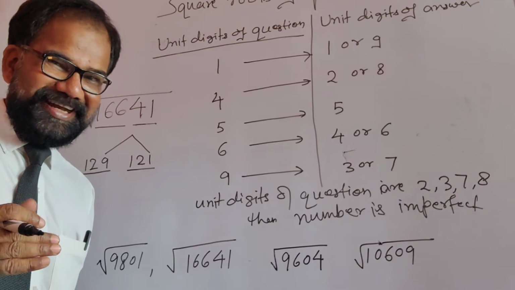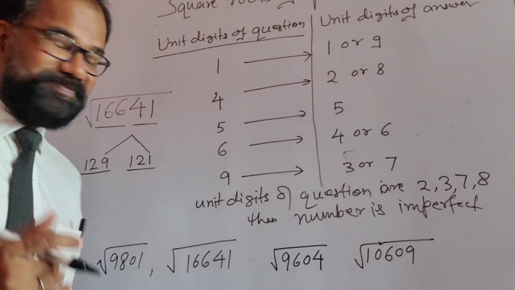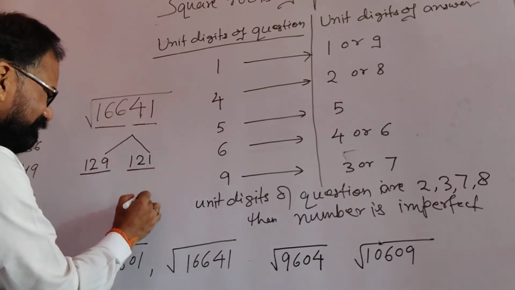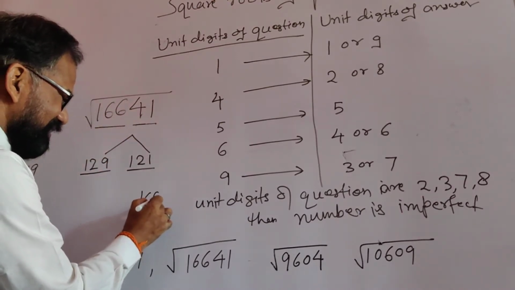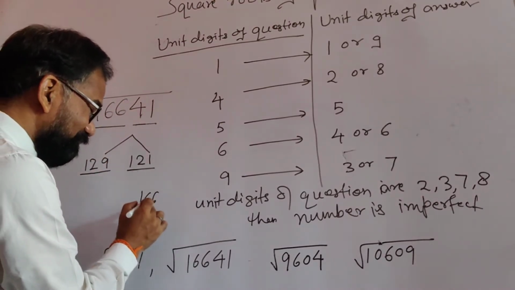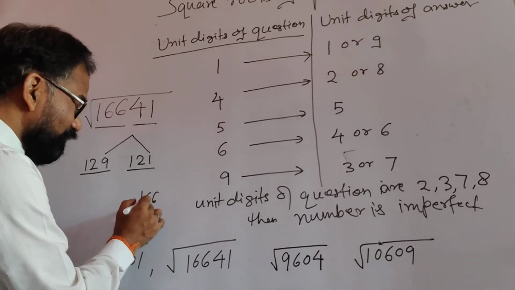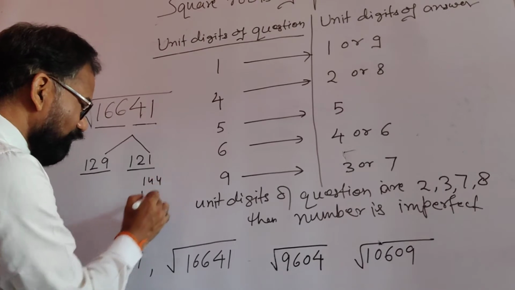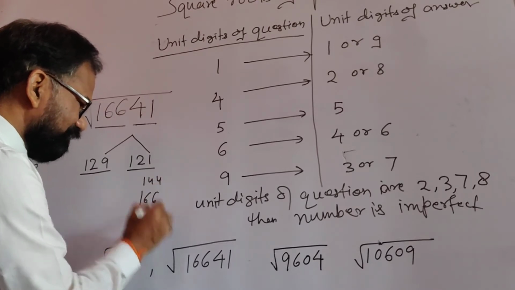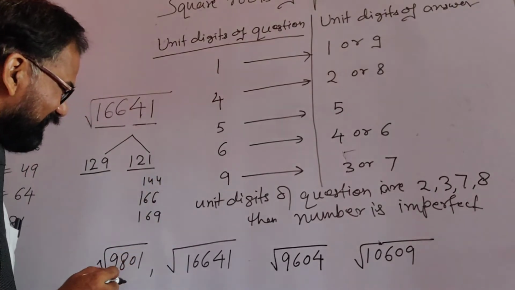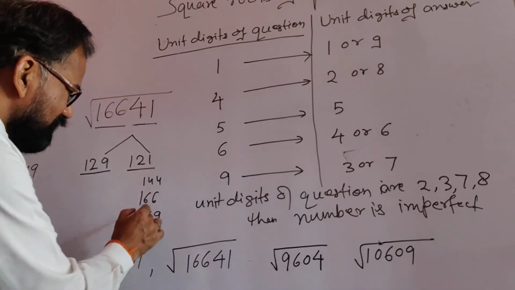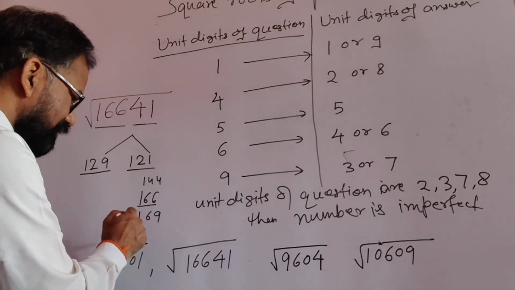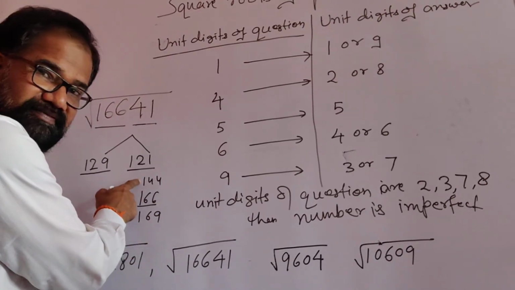Now which one is correct? Next step. 166 is a number which is between two perfect squares, that is 144 and 169, right? Now you have to see 166 is nearer to which number, this or this?